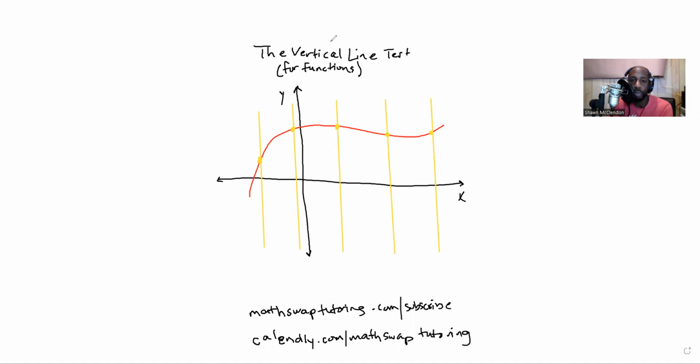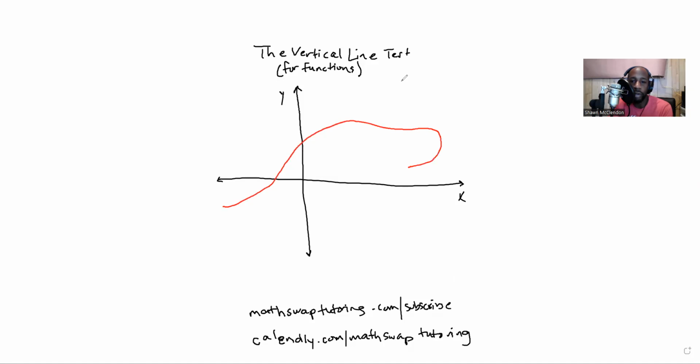So let's take this a little further, erase this, and draw an example of something that would not pass the vertical line test. Say you had this curve that kind of came like this. Remember, with the vertical line test, you have to be able to draw a line through any point and it should cross one time.